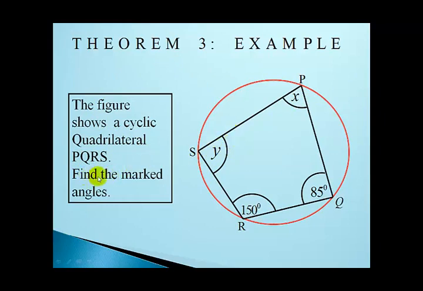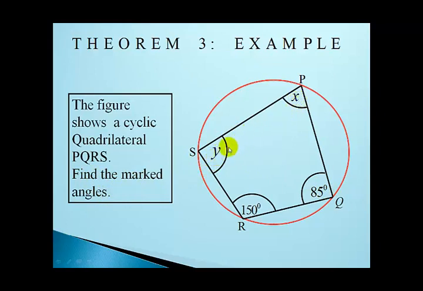Now find the marked angles. So considering the angles in the quadrilateral, we have X, Y, 150 degrees and 85 degrees. Since we are asked to find the marked angles, it means that we are supposed to solve for the angle Y and the angle X.